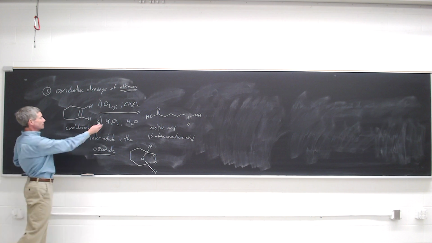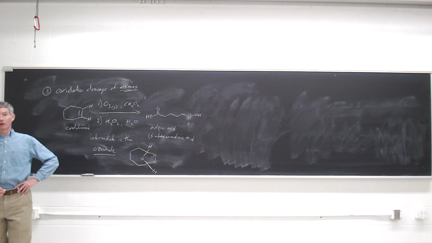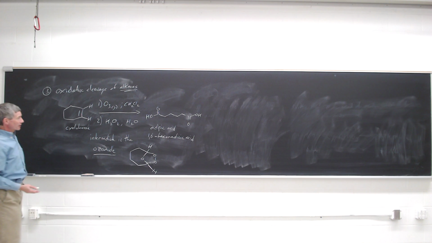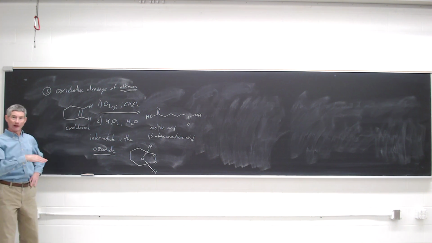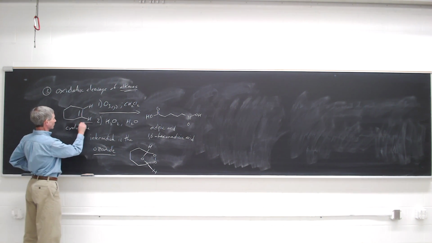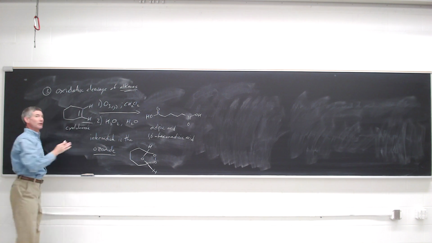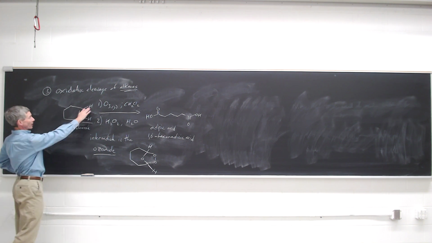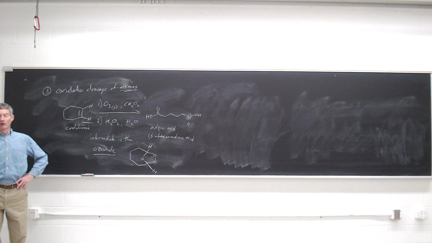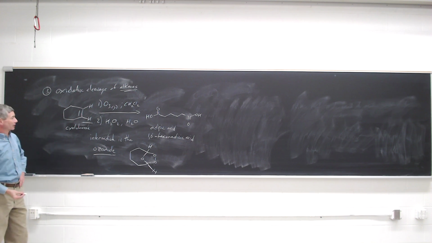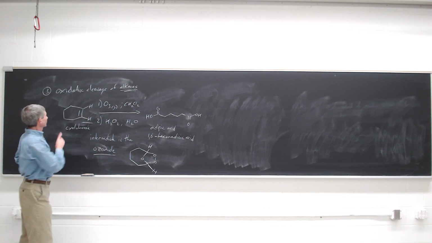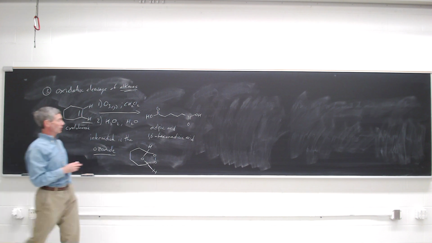So by merely changing the second step from mild reductive workup to oxidative workup, we can change the product from the aldehyde to the carboxylic acid. It's important to note that it must have a hydrogen on the double bond. If there were no hydrogen here, if this were a methyl group, for example, one would generate a ketone, not a carboxylic acid. So oxidative cleavage of alkenes is another useful way.